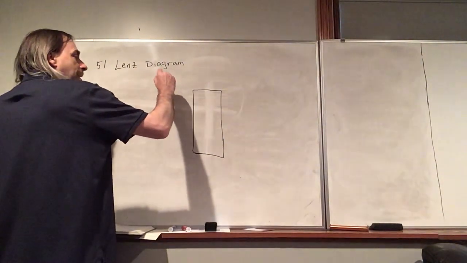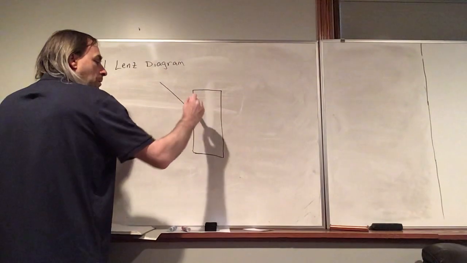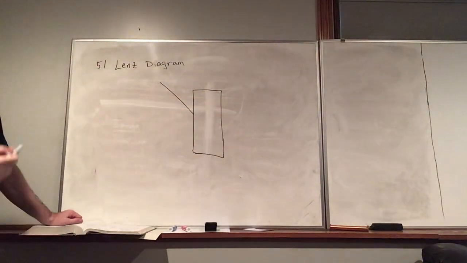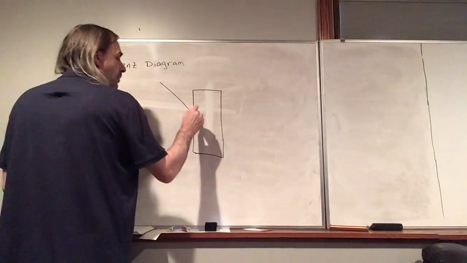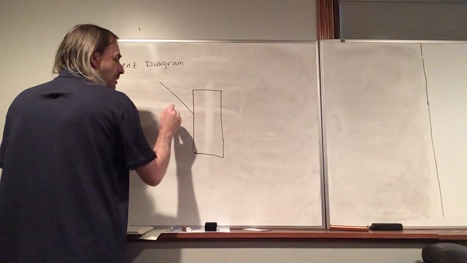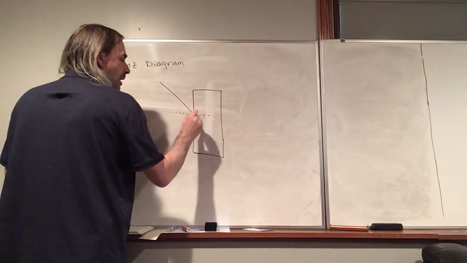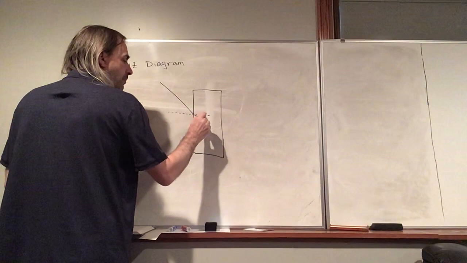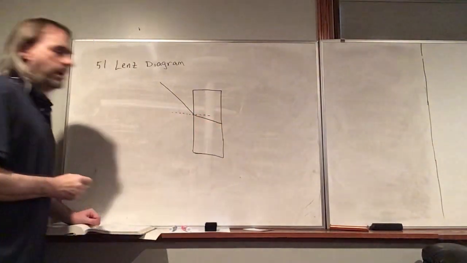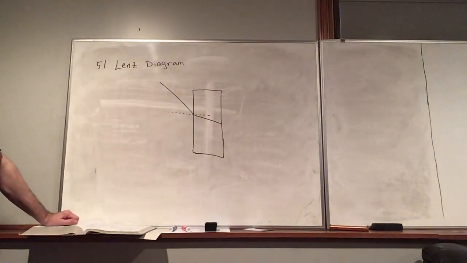Say light comes in at an angle, and it's going to bend towards the normal. So the question is, does light get distorted by the window? And the answer is not really.